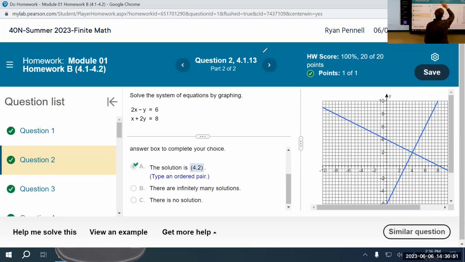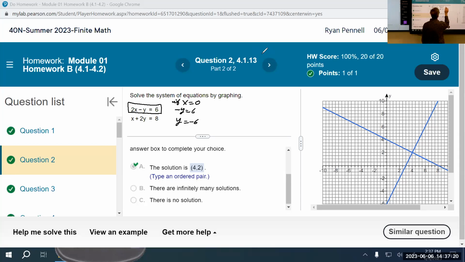And often, the way I like to do it is, let's just solve for the x and y intercepts for this line. If x equals 0, then you have negative y equals 6. That means y equals negative 6.